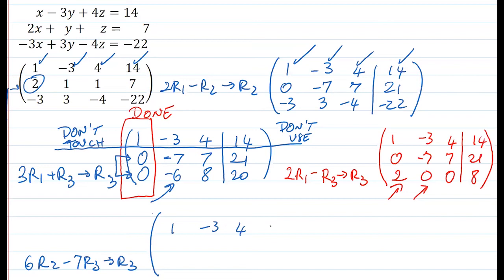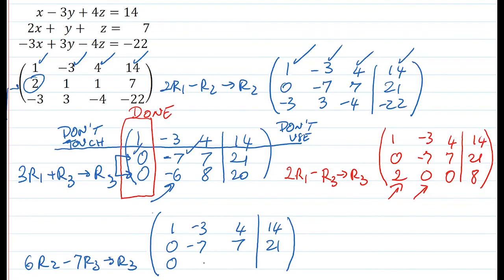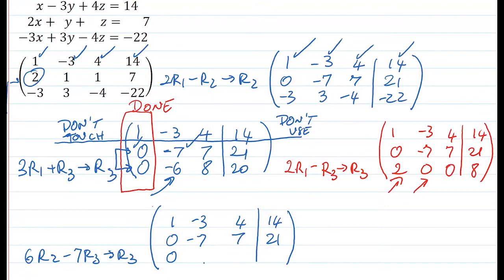First two rows stay the same. Third row, 6 times 0 minus 7 times 0 stays a 0. 6 times negative 7 equals negative 42 minus 7 times negative 6, also negative 42, so 0.